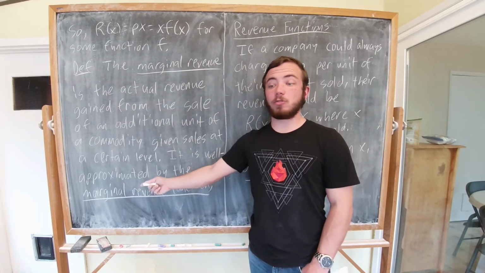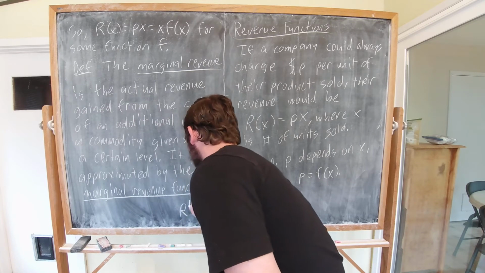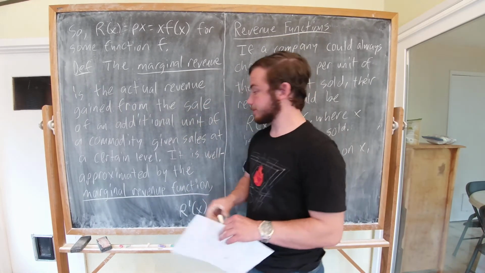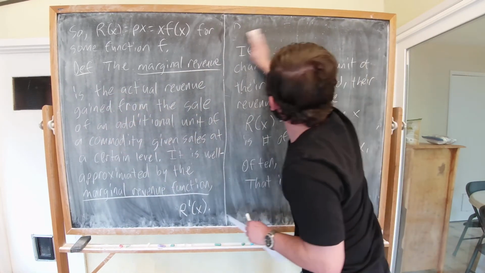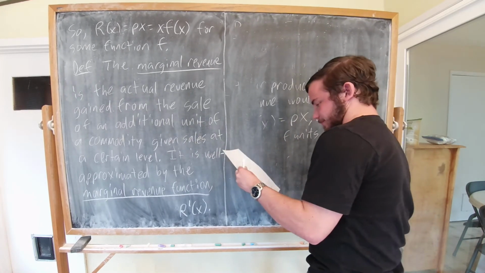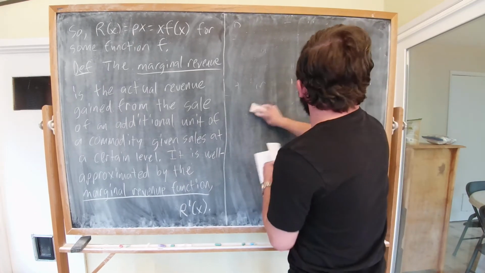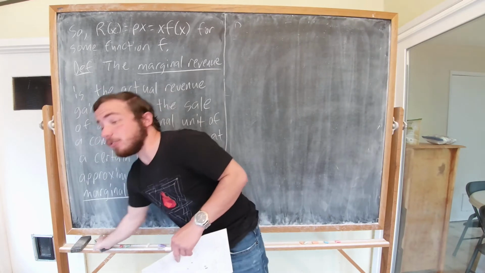When we see marginal, we think derivative. So this is going to be R prime of x. Alright, so that's revenue. How would you compute R prime of x?